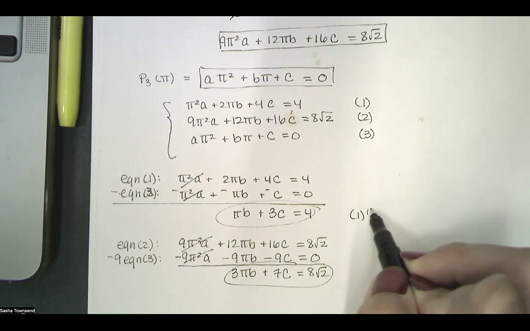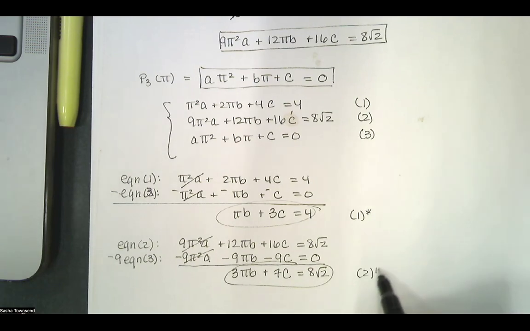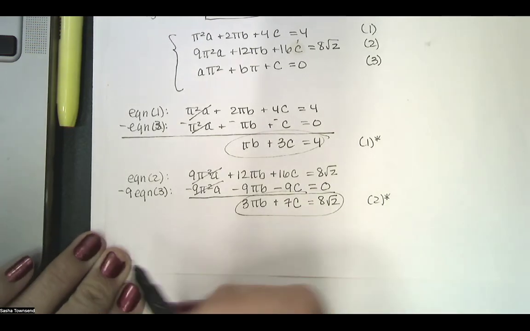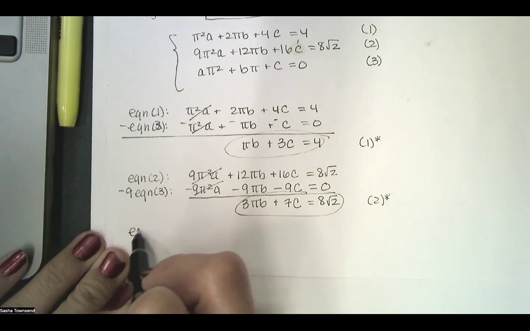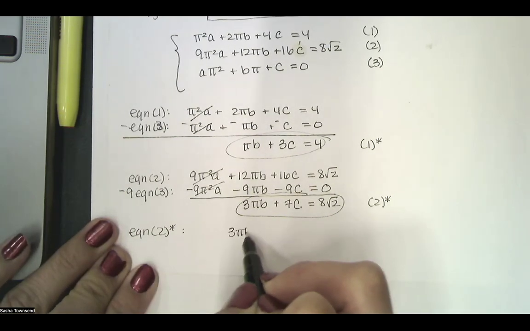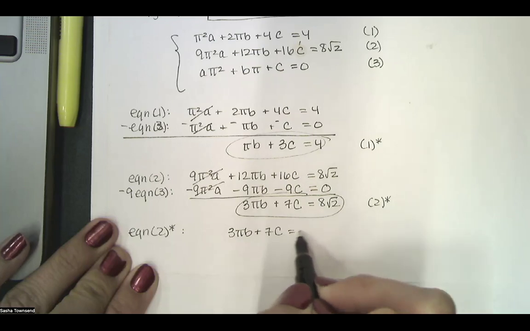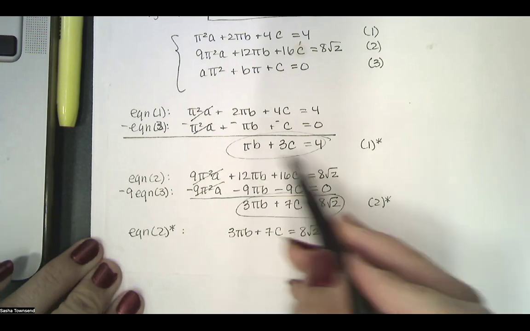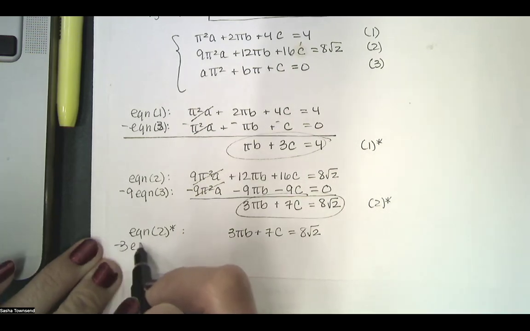So I'm going to call this equation 1 star and this equation 2 star. I'm going to take equation 2 star, 3 pi b plus 7c equals 8 times the square root of 2, and I will subtract 3 times equation 1 star.